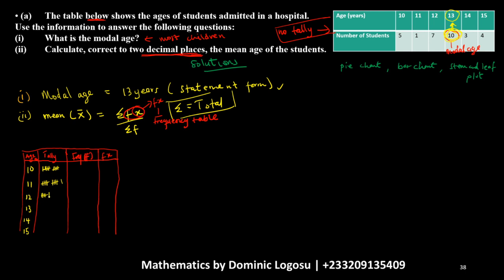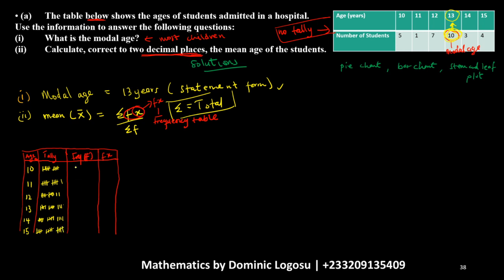So 5, 5, then you add 2. 5, 5, and add 3. And then you have 1, 2, 3, 4, cross making 5, and so on.